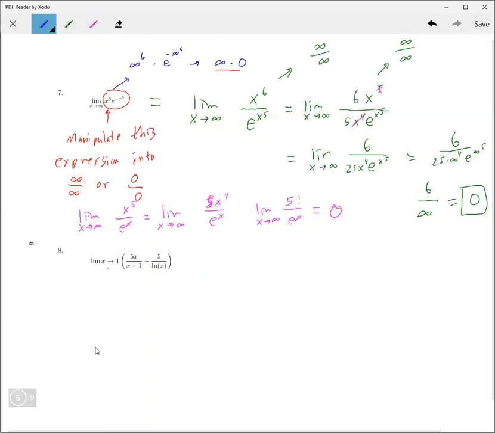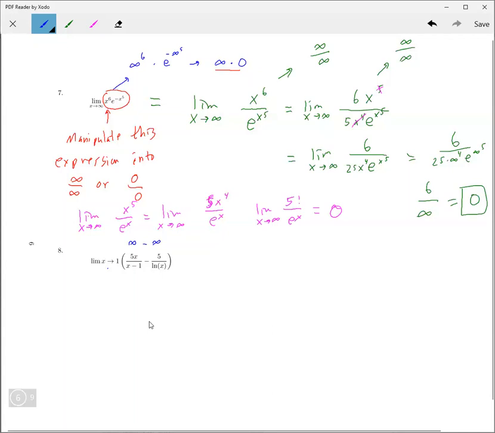Okay, let's look at this one right here. As you're going to 1, this is going to, wait just a second. Okay, you're going to have a 0 in the denominator, so that's basically infinity. And this is also going to have a 0 in the denominator, so that's basically going to be infinity.